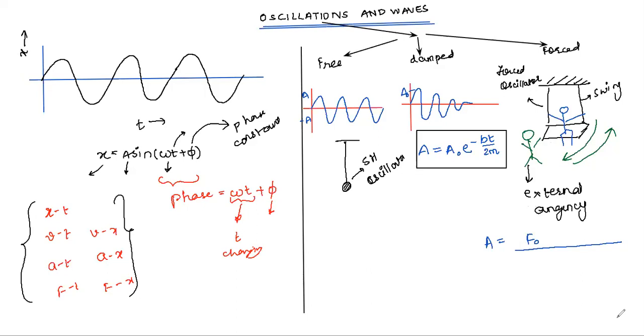So let's study this. Let's say the force which you are applying is F equals F naught sine omega t, right? This is the external periodic force which you are applying on your friend's swing.